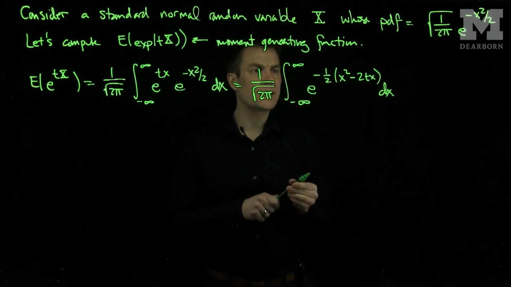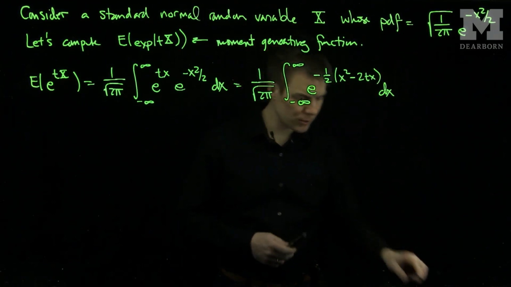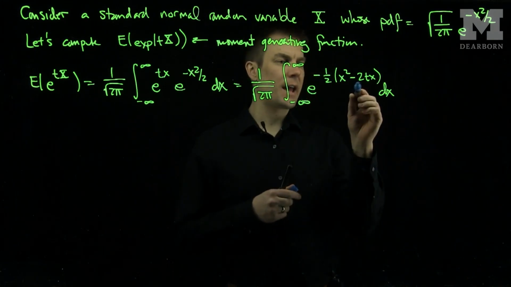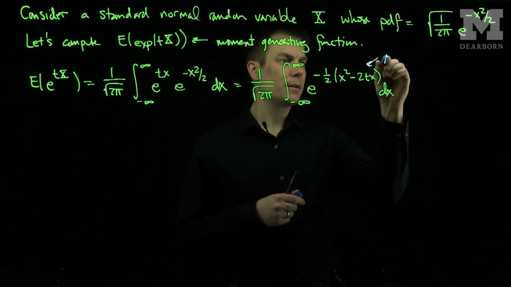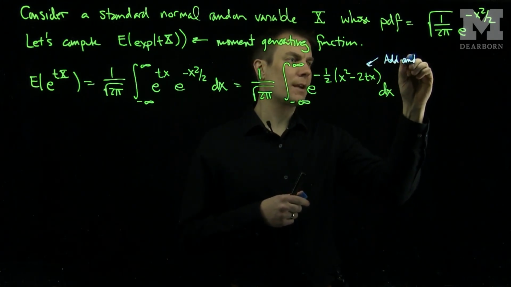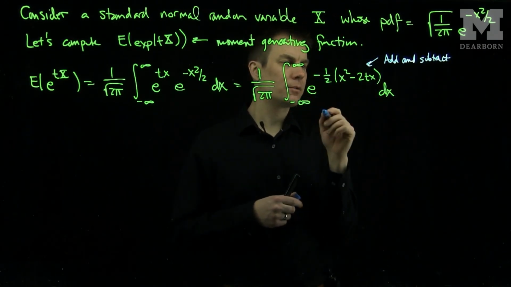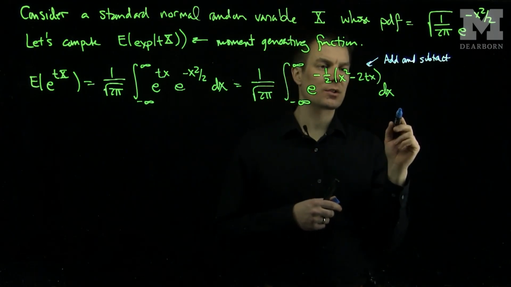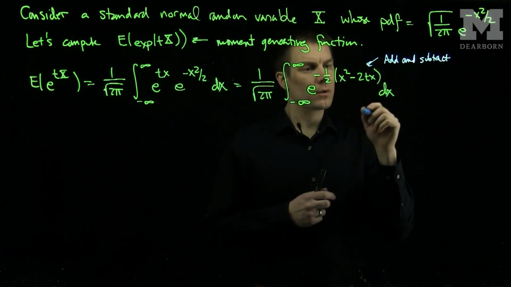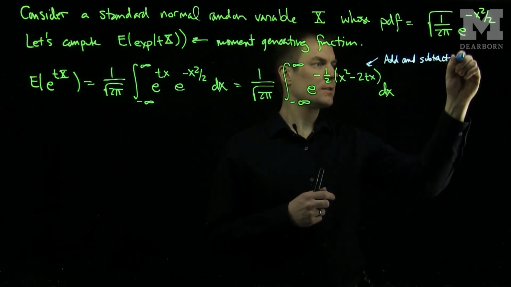And what I'll do is I'll complete the square in this expression. So what we'll do is we will add in half of this squared. So we'll add and subtract half of 2tx, which will be just a t over 2 squared. So we'll just have a t squared.